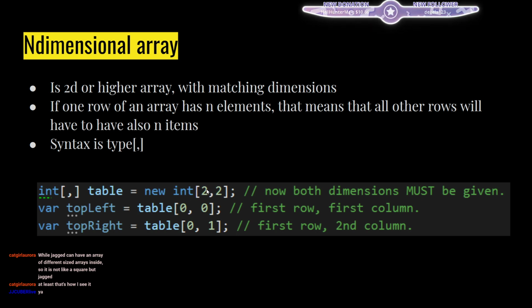So here we just created a table, basically a 2D array with 2 elements in each dimension, with 2 dimensions. First dimension length 2, second dimension length 2. And here we can get the first element of the first dimension, and here we can get the second element of the first dimension.